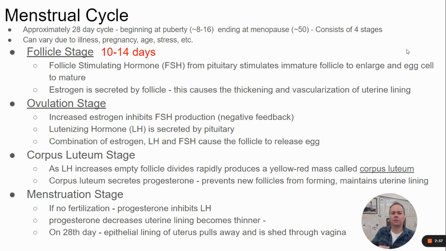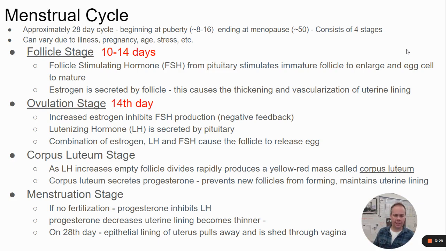As this follicle is growing, it's also producing its own hormone, estrogen, another hormone that's important in the reproductive cycle. Estrogen affects the lining of the uterus. It causes the inside of the uterus to thicken and causes an increase in the development of blood vessels. Really, the body is preparing for an embryo to implant, preparing for pregnancy.